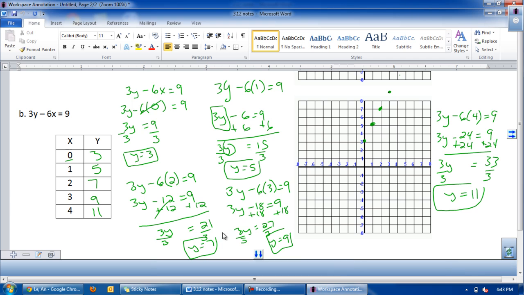Okay, and then we're just going to connect those points and draw our arrows. The shape of our graph is going to be a line. Alright. Hope that helped a little bit.